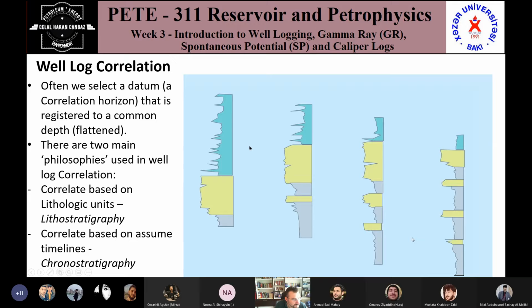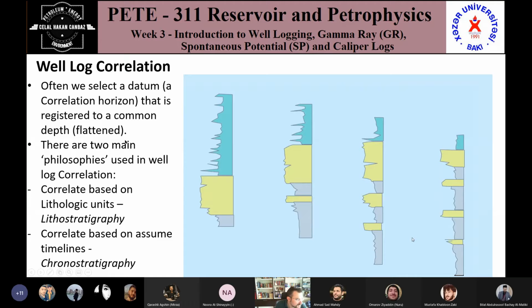For example, often what we do is select a datum point. We say a correlation horizon for this, registered to a common depth. We set that, for example, at 1000 meters. I select it as a datum point. So at this point, I have two choices to use.